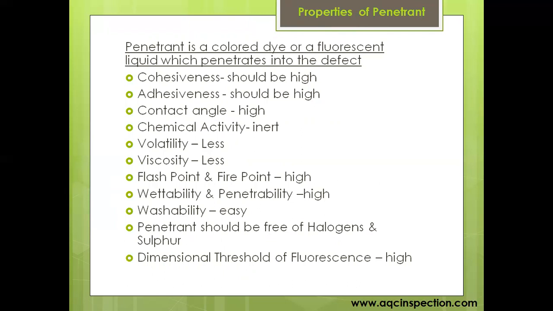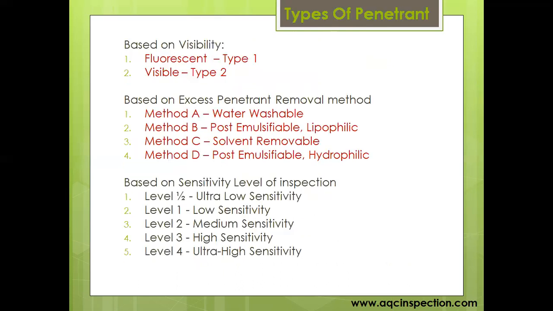The penetrants used are low viscous and highly penetrating liquids and also should be easily washable. Types of penetrant. Based on the visibility of inspection, the penetrants are classified into two types: type 1 fluorescent and type 2 visible penetrant.